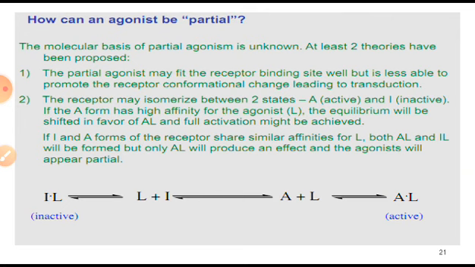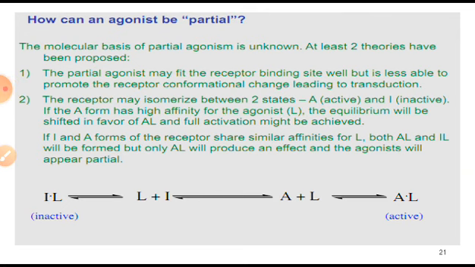Now another clarification I wanted to give you: how can an agonist be partial? There are two theories.